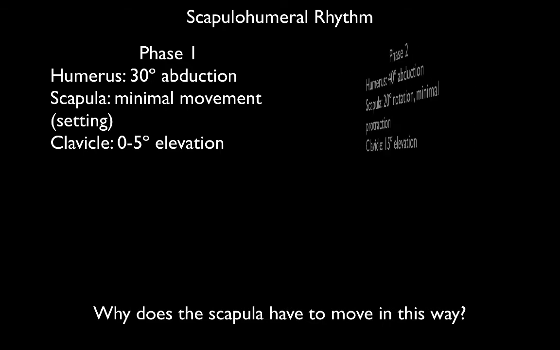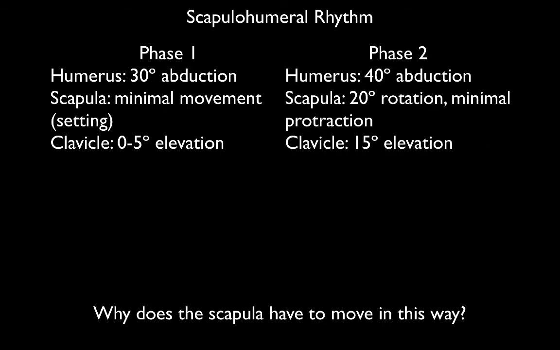Phase two, the glenohumeral joint abducts the humerus an additional 40 degrees. The scapula now has contributed some significant movement. What we see here is 20 degrees of upward rotation, and the clavicle has also elevated an additional 15 degrees.